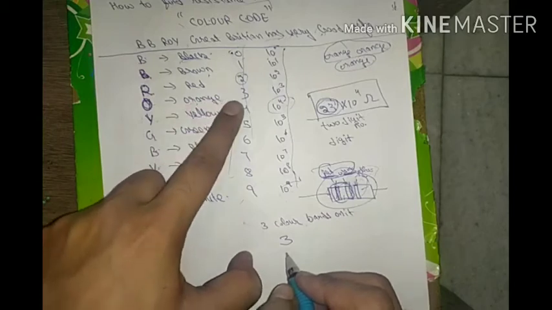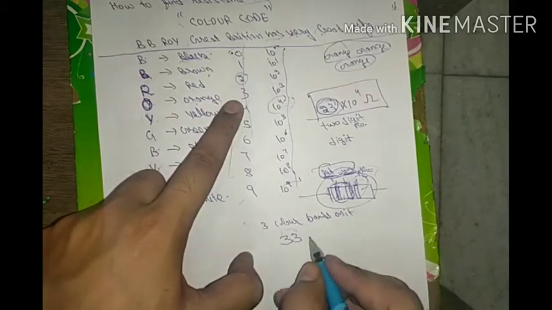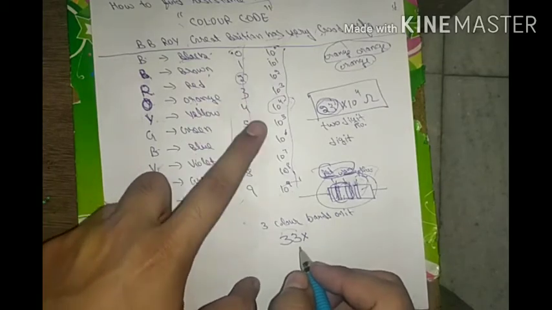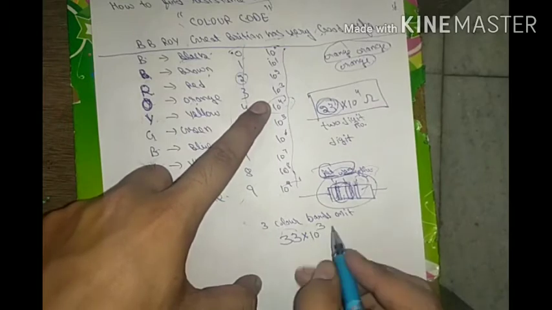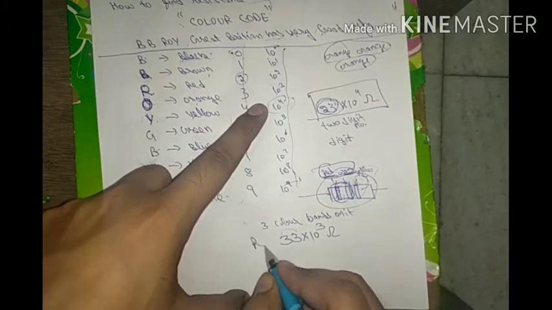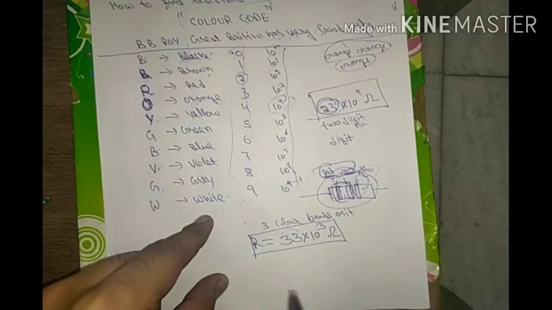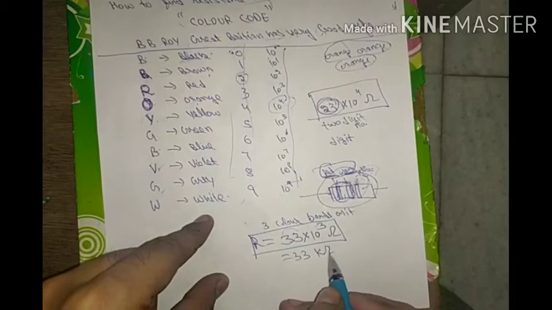The other color is also orange, digit is 3. So it is our two-digit number 33, into, and the third color is also orange, so it becomes 10 to power 3 ohm. This is the resistance of this resistor, 33 into 10 to power 3 ohm, and we can write it as 33 kilo ohm.